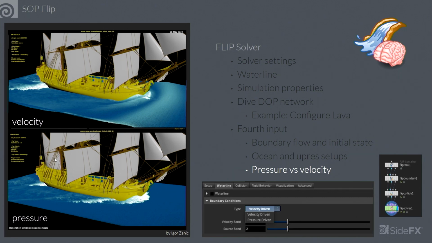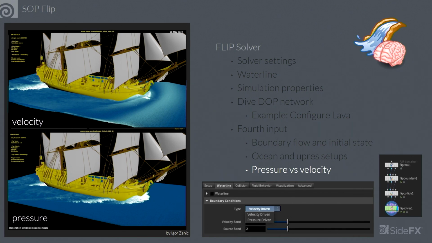Here's an example of a boat going on a calm ocean. If you set the boundary condition to velocity, the ocean is completely calm, so everywhere at the boundary of the simulation box, you would set the velocity to 0. The problem is at the bottom of the simulation, the velocity would be 0. So the water cannot actually go under the boat.